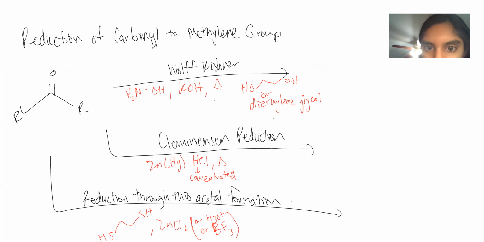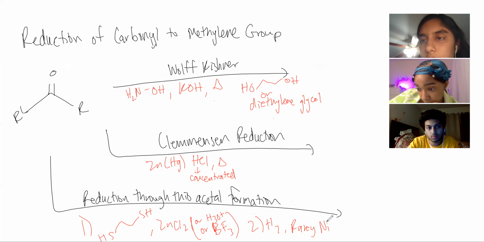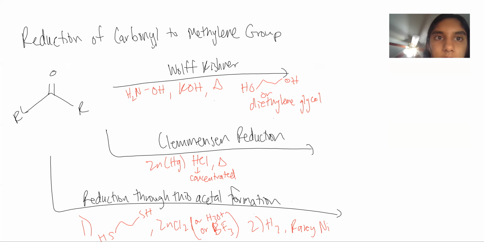So that would be your step 1. And then step 2 is H2, Ni. So the mechanism of step 1 you would probably have to know, but step 2, I don't think you have to know. And all of these do the same thing. They all reduce the carbonyl to an alkane.